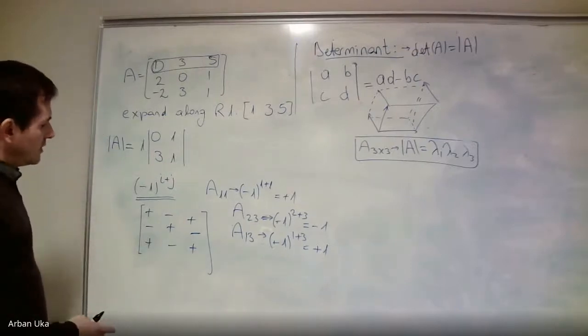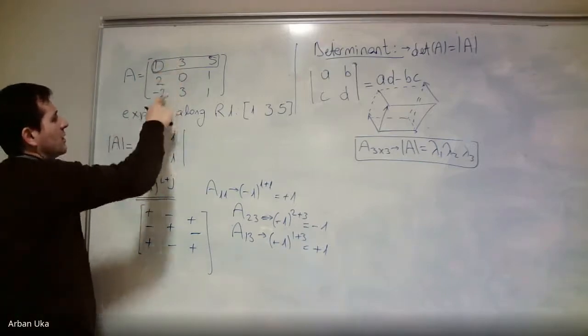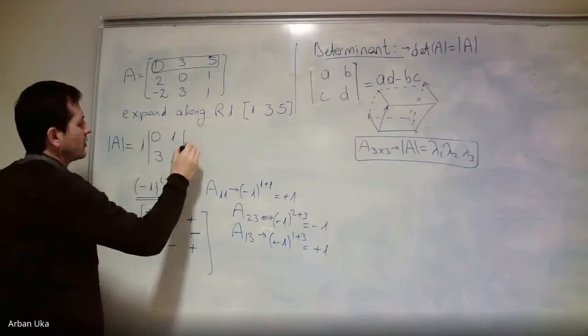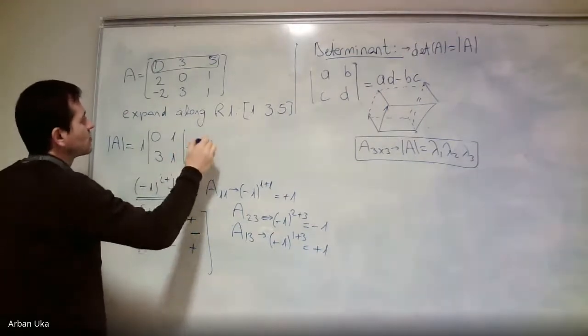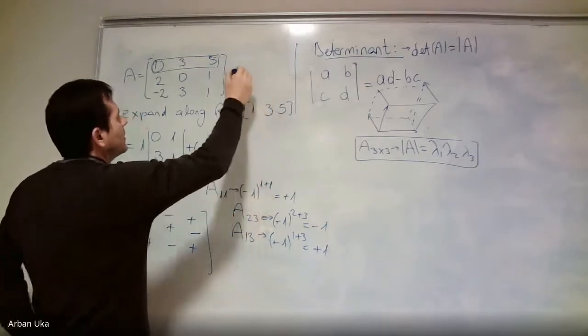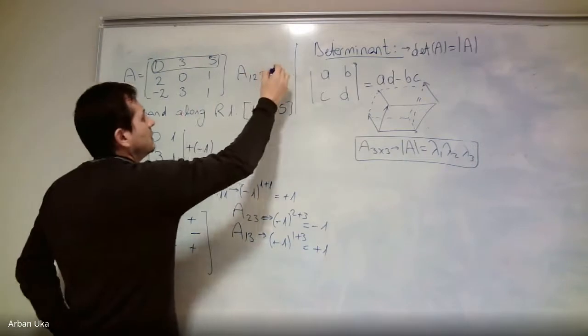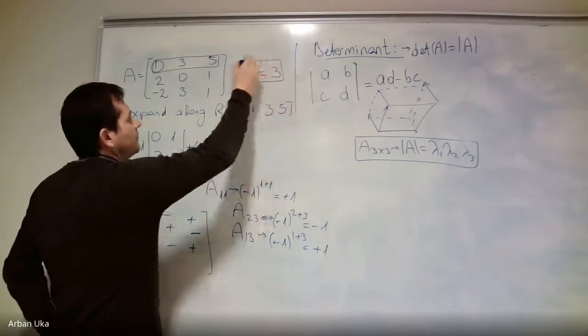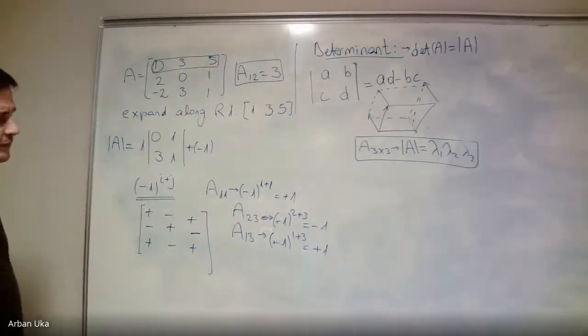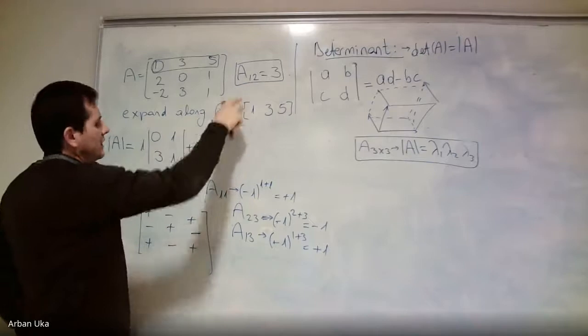So why do we mention this? We mention this because when you do the expansion along the first row, we have here the following. What is the index of 3? What is A12? First row, second column? It's 3, right? So A12 is 3. So here, 3, it has a minus.